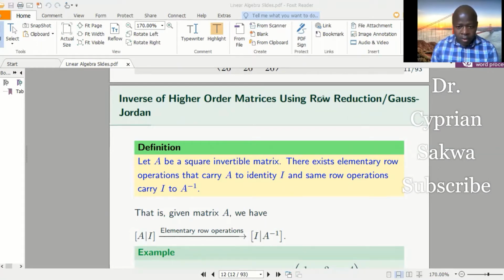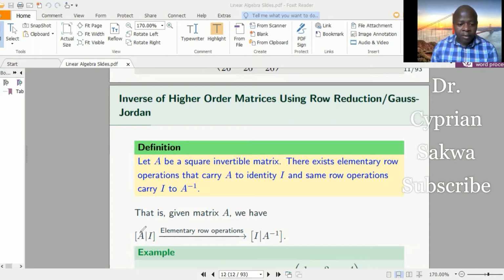So to use this row reduction method, what we must understand is that we'll be carrying out elementary operations. And what this method says is that supposing I was to write A with the identity matrix, then there will exist elementary row operations that will take A to the identity matrix and then take the identity matrix to the inverse of A. That's what we'll be doing.